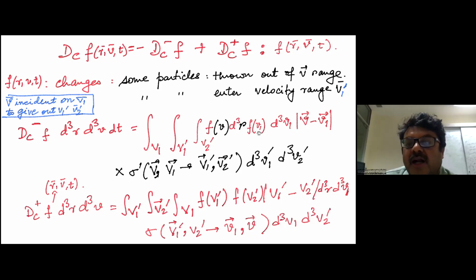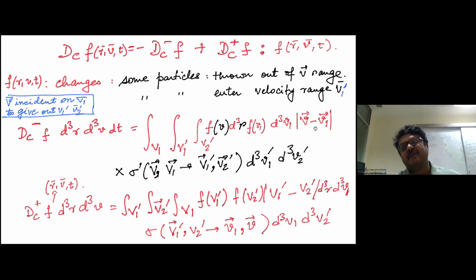So you are essentially integrating. So f of v, these particles are incident on particles moving with different values of velocity. Hence there's an integration over v1, all the different values of velocity.